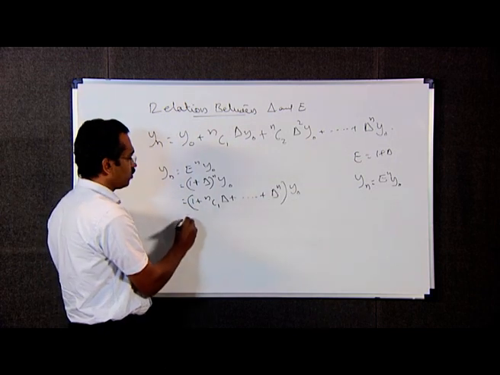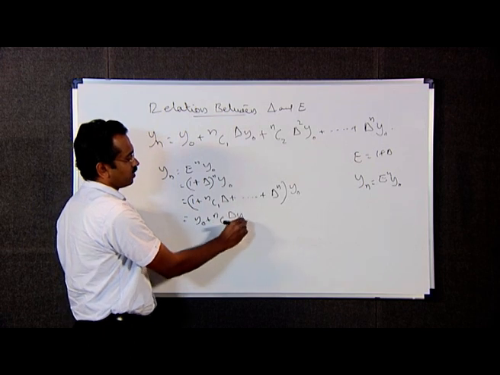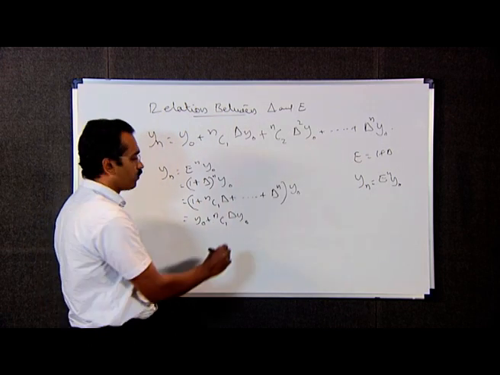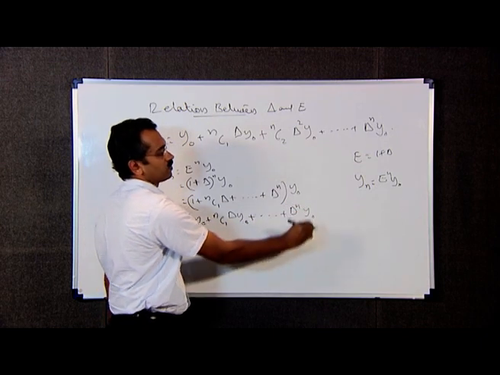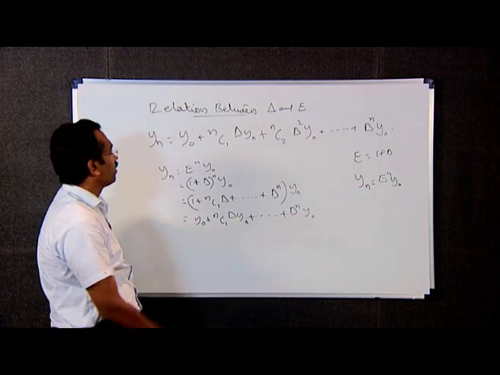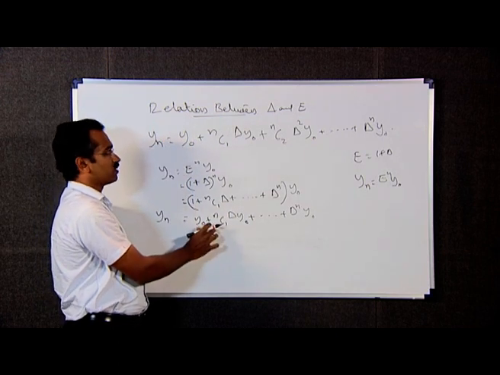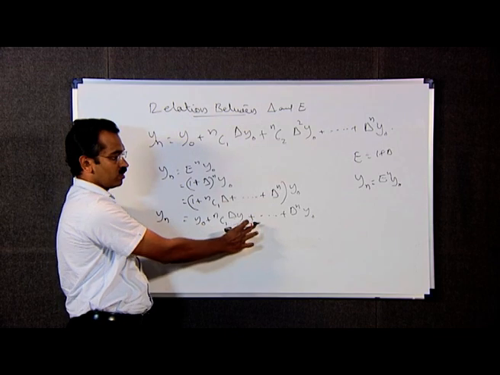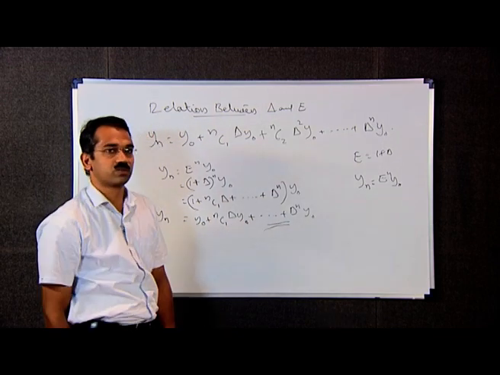That is equal to y0 plus nC1 delta y0 plus etc., plus delta raised to n y0. Hence the identity, that is yn is equal to y0 plus nC1 delta y0 plus etc., plus delta raised to n y0.